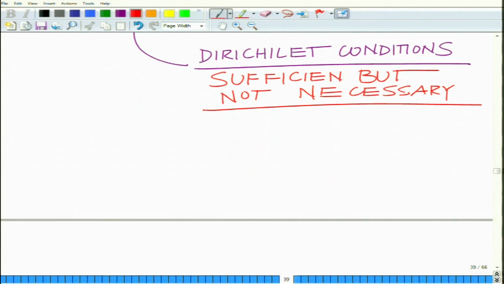Okay. And again, similar to the discrete case, these are as follows.